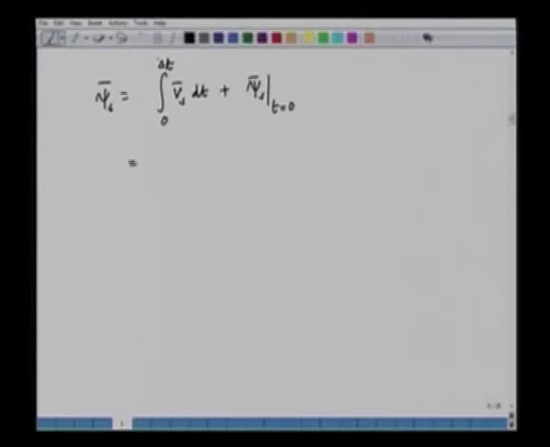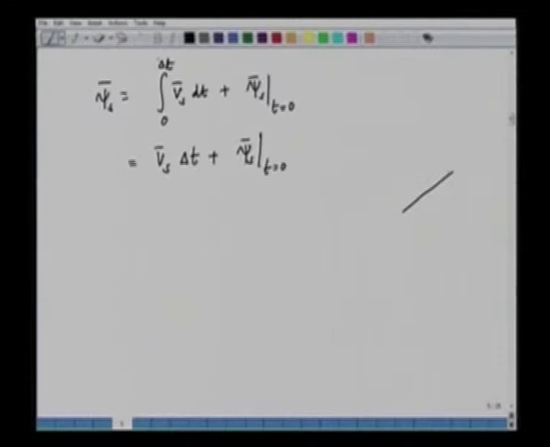So, psi s is equal to Vs into delta t plus psi s at t equal to 0.